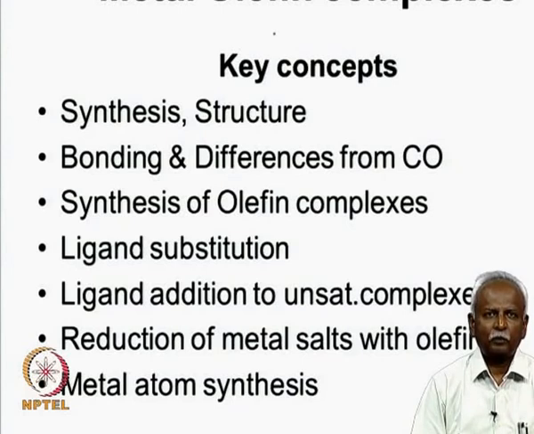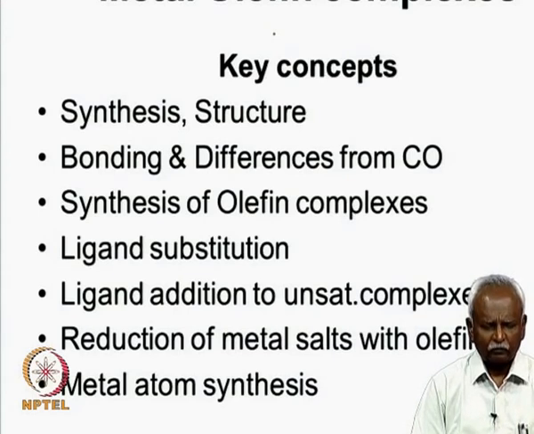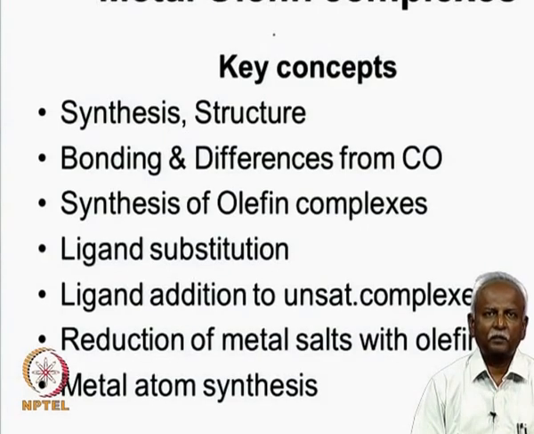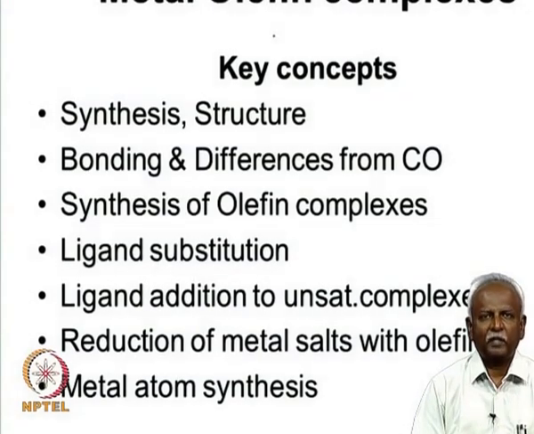It is possible to have a significant reduction in the stretching frequency of olefin complexes due to the pi accepting nature of the olefins. And you can also use these metal olefin complexes to generate more stable olefin complexes by displacing them based on their pi accepting nature.